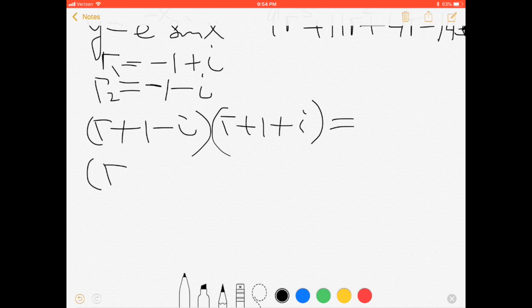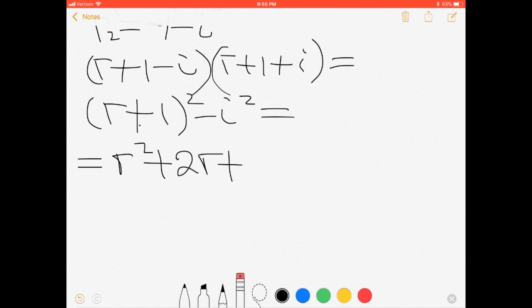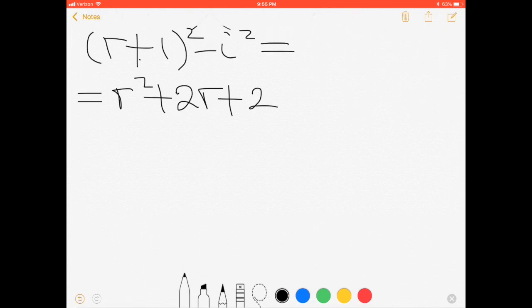We have here r plus 1 squared minus i squared, which will be r squared plus 2r plus 1, and minus i squared gives us plus 1. This means finally we have plus 2 here. Because these two numbers are roots, we can divide our polynomial by this polynomial.